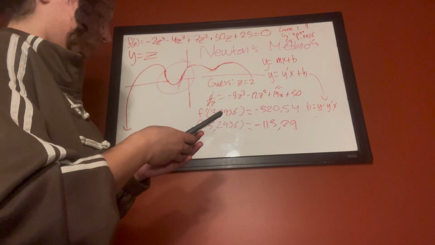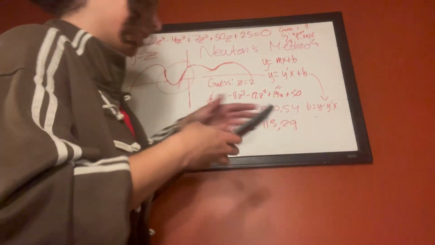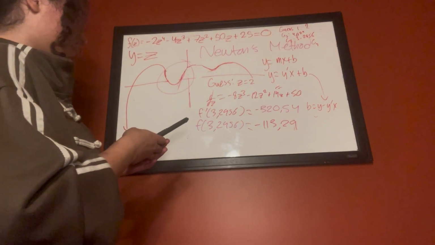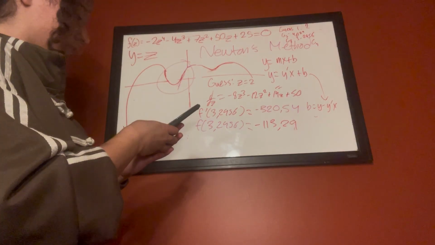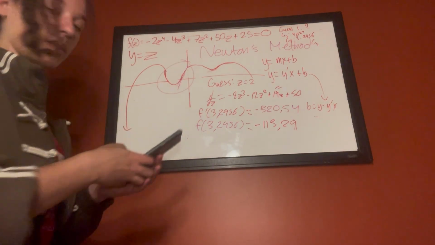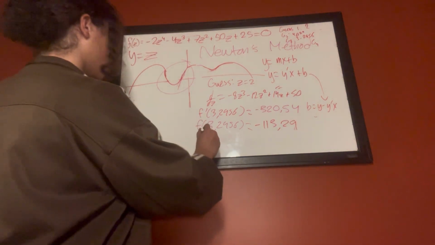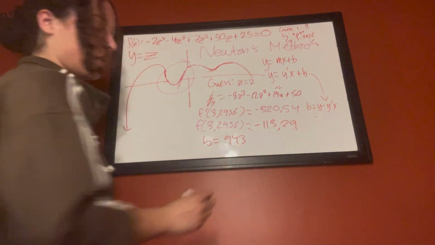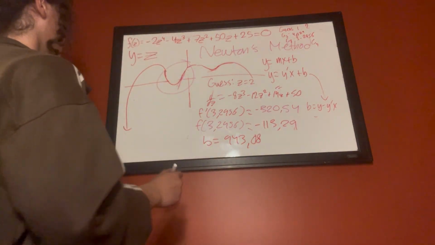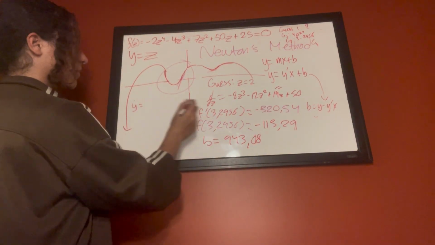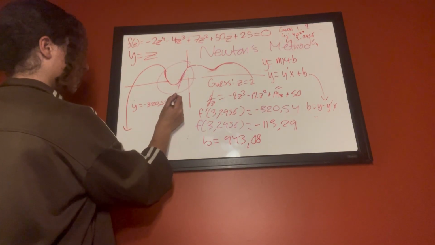But that's just times -1 because it's negativing it. Plus y, so minus 113.29. So what do I have? I have the b is 943.08. And so I have y is equal to minus 320.54x plus b, 943.08.